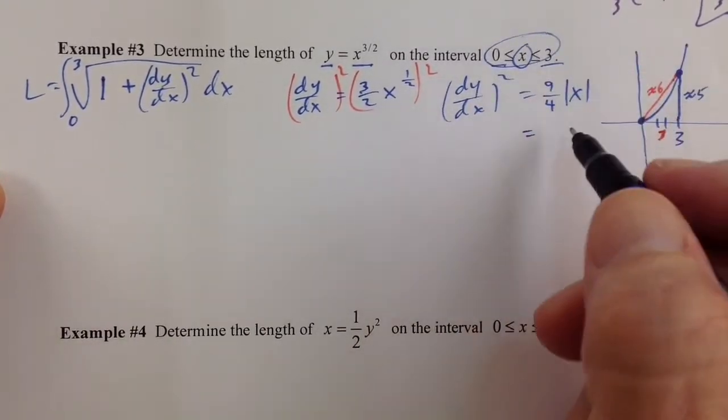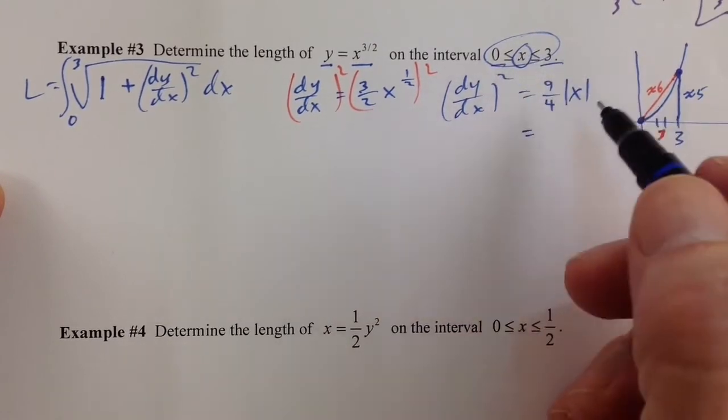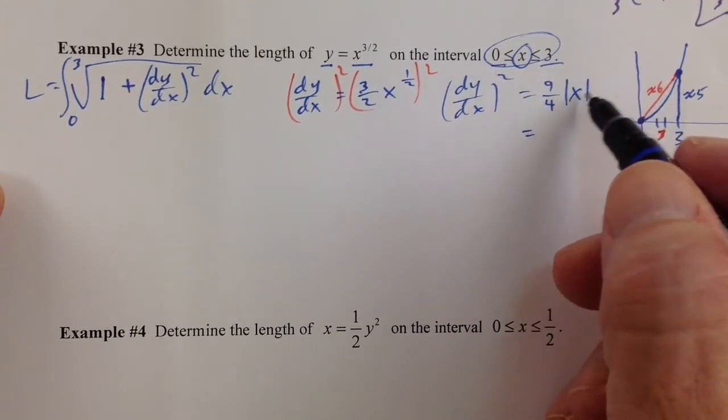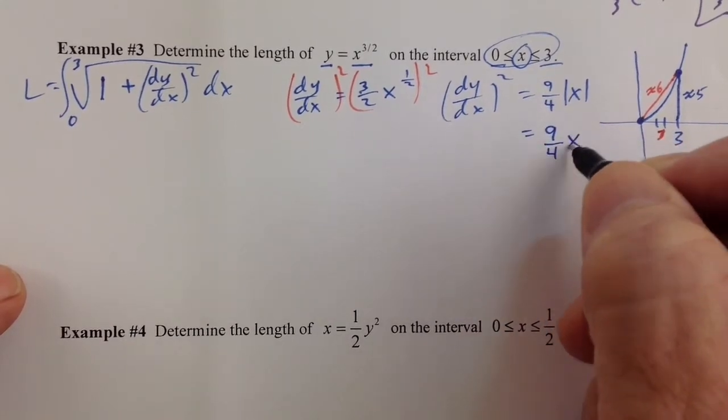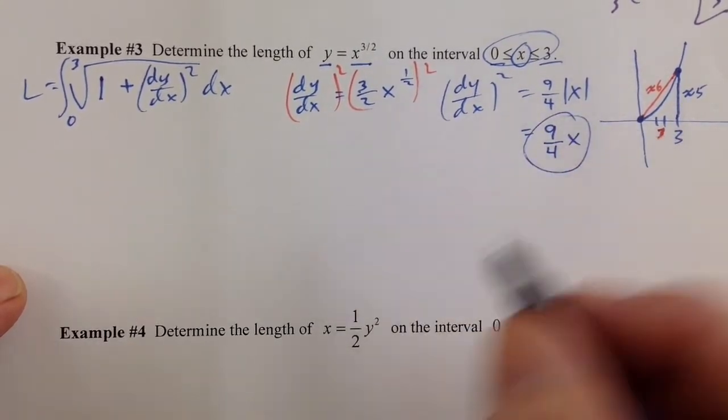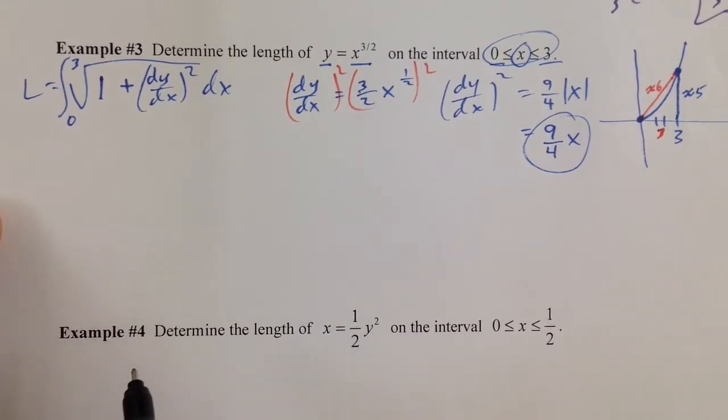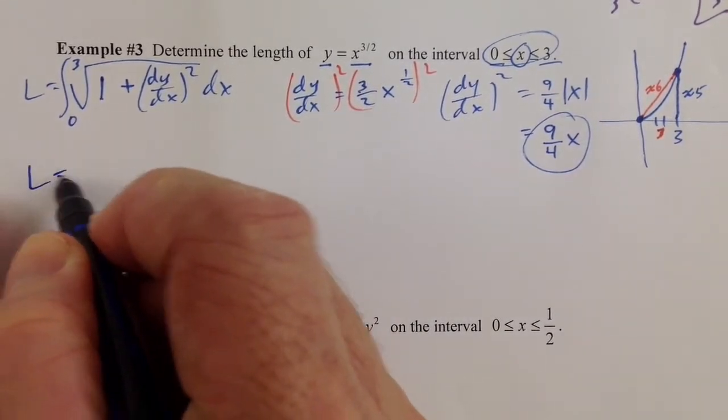But again, x is between 0 and 3, and so the absolute value bars don't help us any. So we're going to write this as 9/4 x. So that's our magic term that we need to go ahead and put inside of the radical.